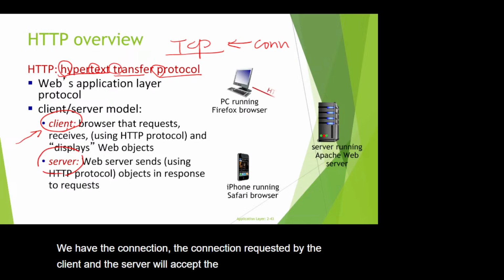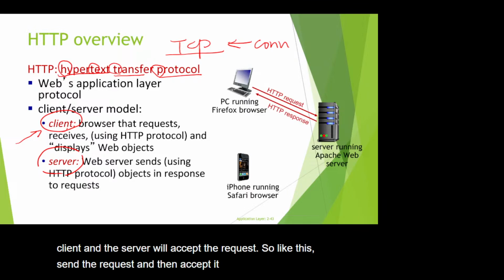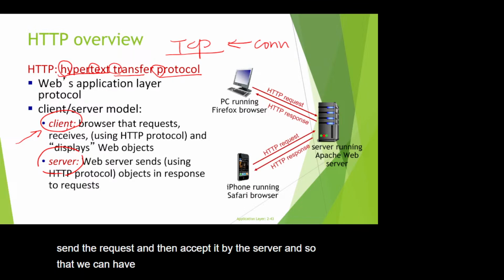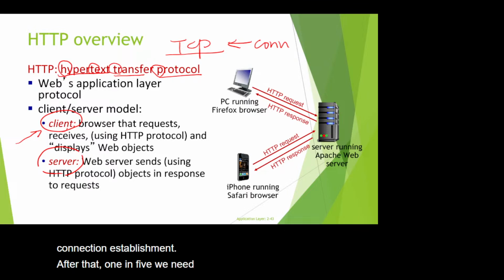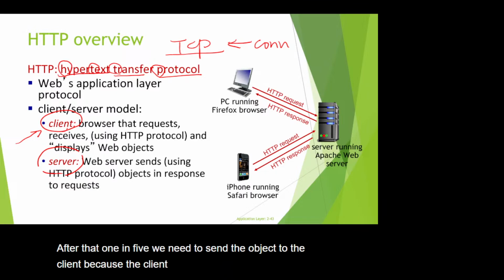So like this, send the request and then accepted by the server. And after that, in fact, we need to send the object to the client because the client requests the web page. So this is the idea behind HTTP.